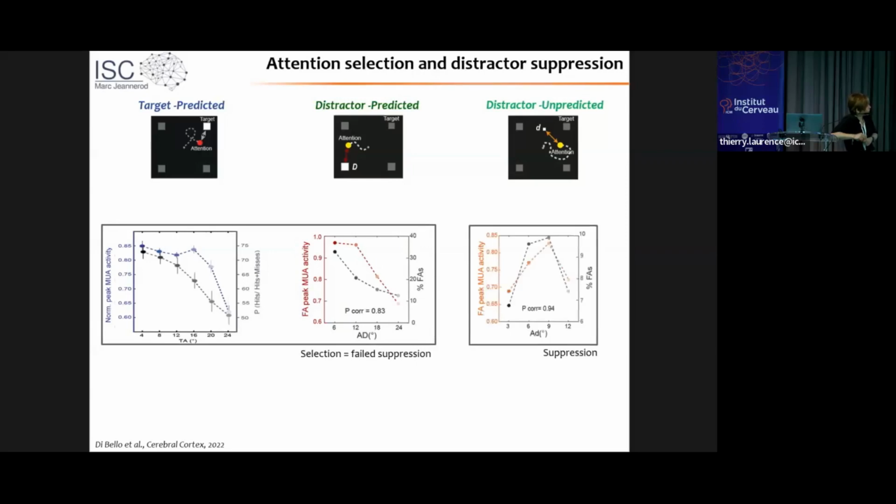Now, what is interesting is what we observe for this other type of distractor, the one that undergoes reactive suppression. In this case, the closer the attentional spotlight to this type of distractor, the opposite the relationship. You see here, there is actually a suppression of both the neuronal response and the false alarm rate, the closer the attentional spotlight to the distractor, meaning that in this case, what the attentional spotlight is operating onto the incoming sensory information is a suppression of the information.